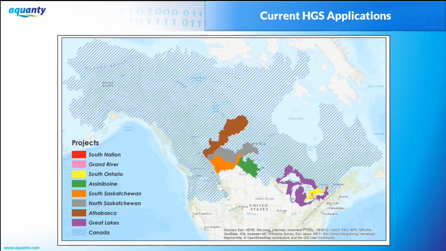Athabasca in Western Canada, which I'll briefly talk about, that contains the oil sands region, and the Assiniboine, South Saskatchewan River Basin. But we've also in the past worked on a model of all of Canada in 3D. And at the end of my talk, I'll briefly introduce a new project where we're breaking all of Canada up into half a dozen subbasins in fair detail to do a Canada scale model.